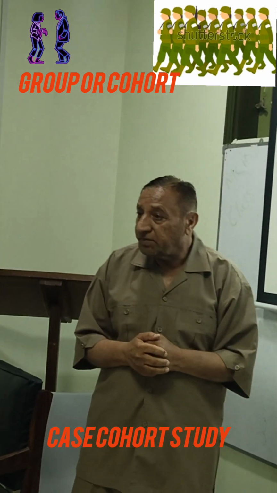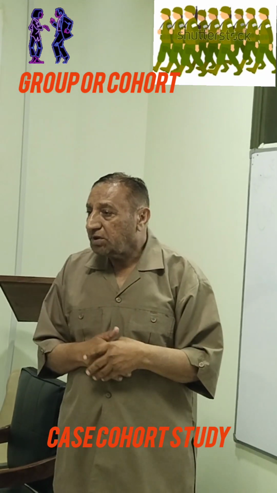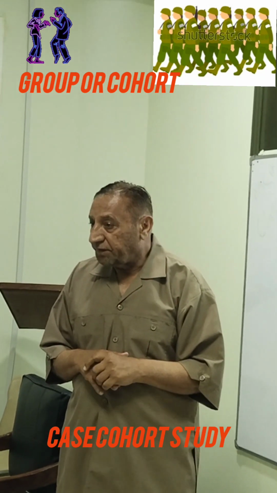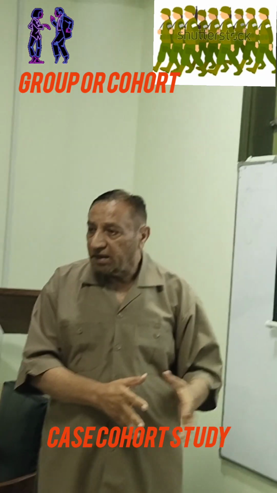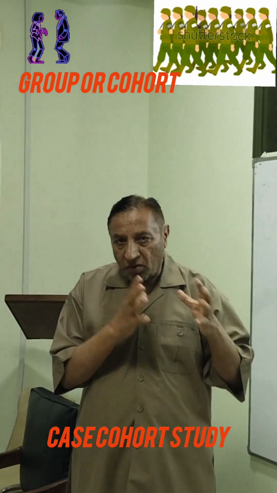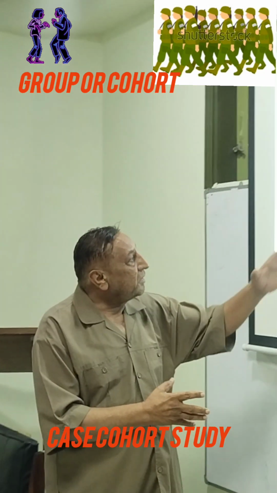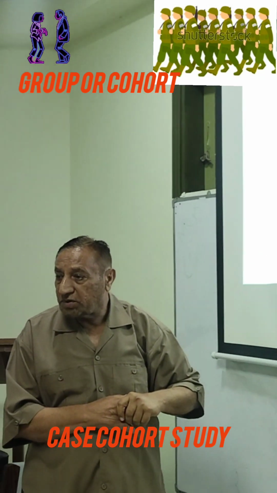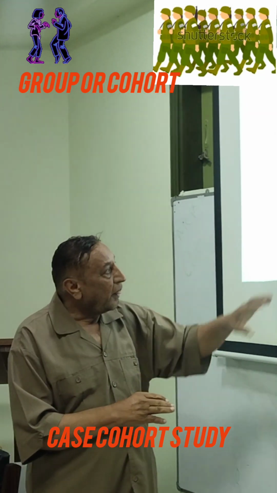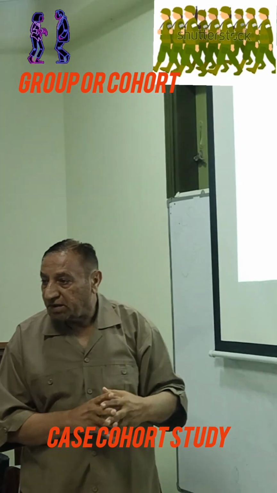So case cohort design is more efficient. You can have an MCQ asking which of the designs is more efficient: case control study, nested case control study, cohort study, or case cohort design. The most efficient design will be the case cohort study.